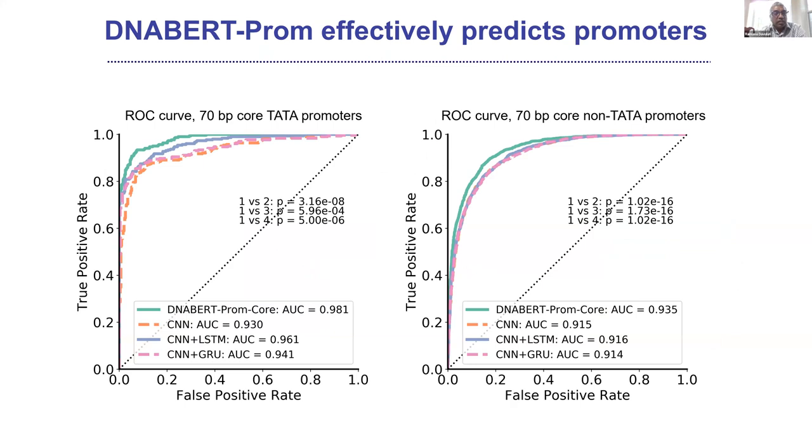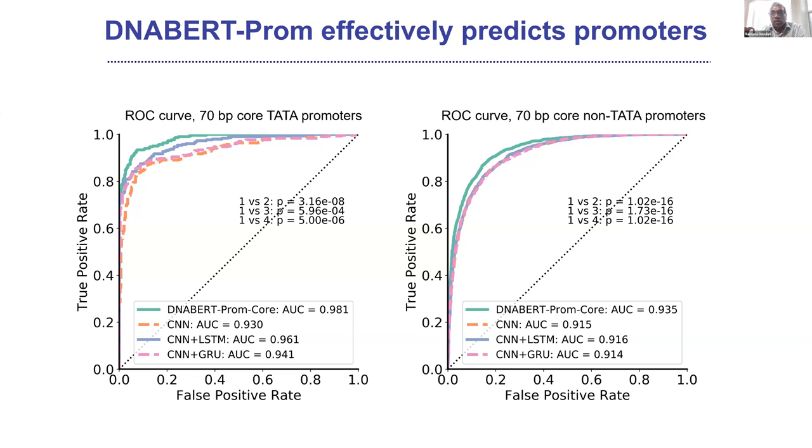We are studying the effect of one nucleotide, or 2 or 3 nucleotides, at a time. The fact that one nucleotide can actually change the probability of a sequence of length 90 base pairs being a promoter or non-promoter is very challenging. So first of all, we want to make sure that the promoter prediction program is very highly accurate.